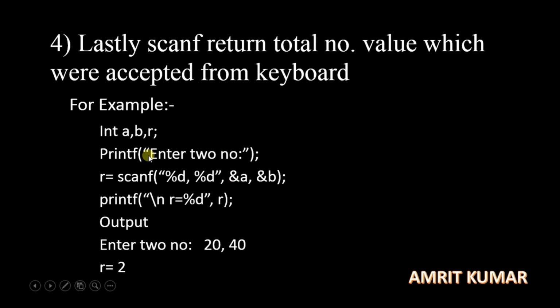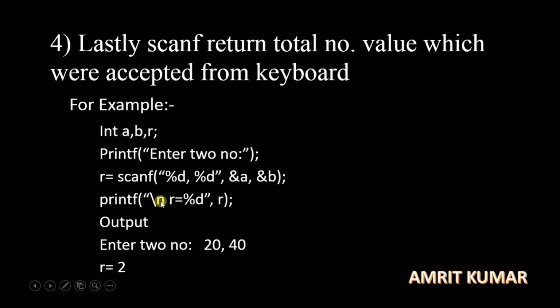Okay, and percentage d, which is the format specifier of integer type, is going to be replaced with the value of a. It is going to be replaced with the value of b. Now after that we have assigned this whole function to a variable r. Finally we have used the printf function, which helps us to print on the screen.